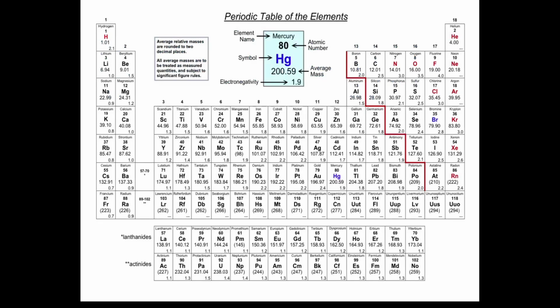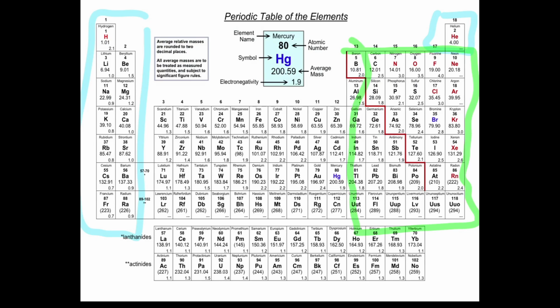So if I look back to my periodic table, I will, let's say, in a teal color, circle or box in my S block orbitals. And in green, I will box in the P block orbitals. Right, so, messed that up, didn't I?